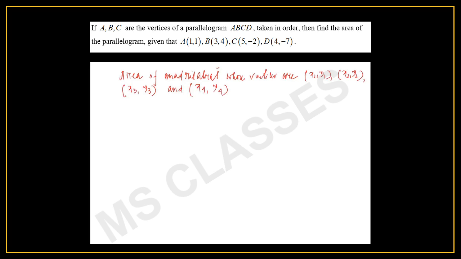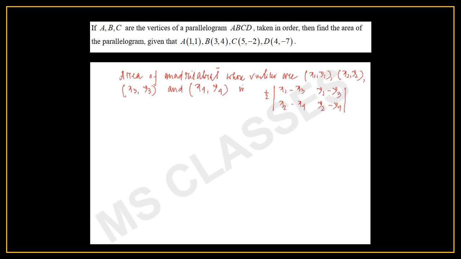The area of a quadrilateral whose vertices are given by x1, y1, x2, y2, x3, y3, and x4, y4 is 1 by 2 times the determinant with rows x1 minus x3, x2 minus x4 and y1 minus y3, y2 minus y4.